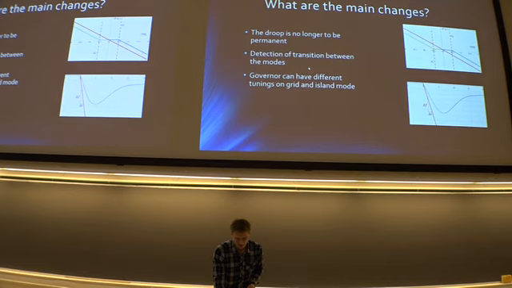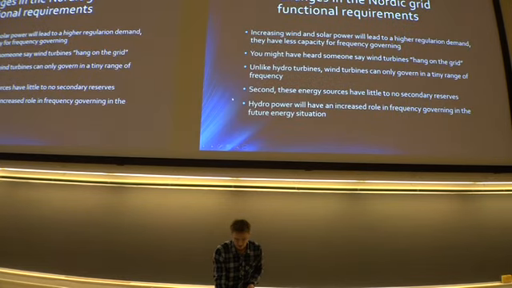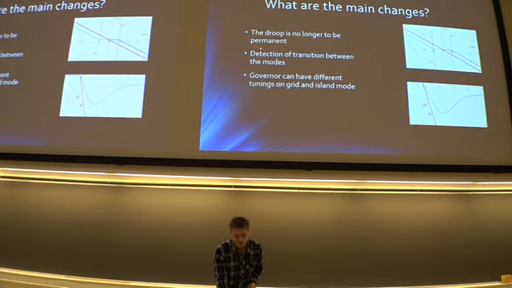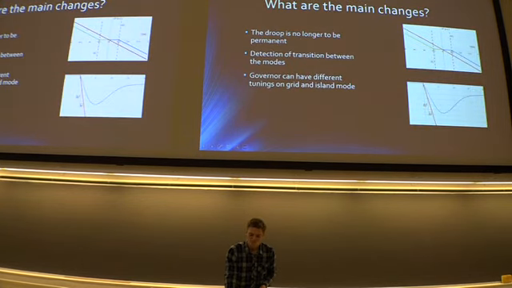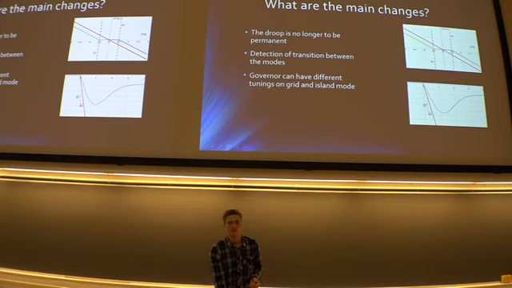I forgot to say something about the changes. Wait, there's a missing slide there, but the changes, oh, there it is. So this is the droop. It looks like this, the red line from right now. All the generators must have a droop like this, and they now want to introduce a dead band in the middle frequency, so that when the frequency is good enough, you don't participate in the frequency governing.